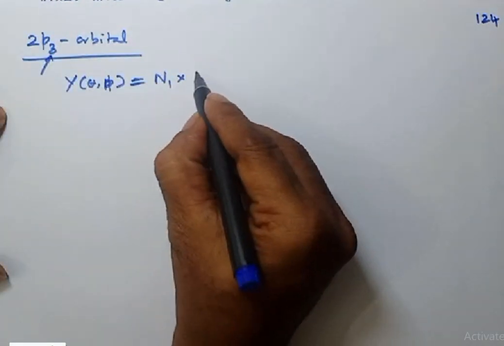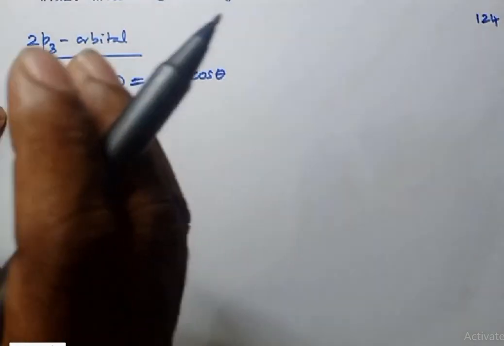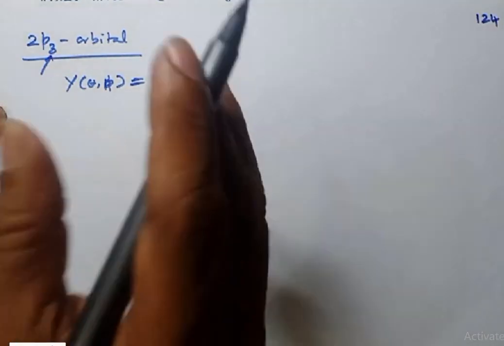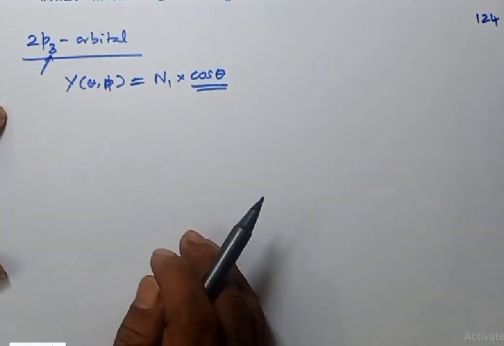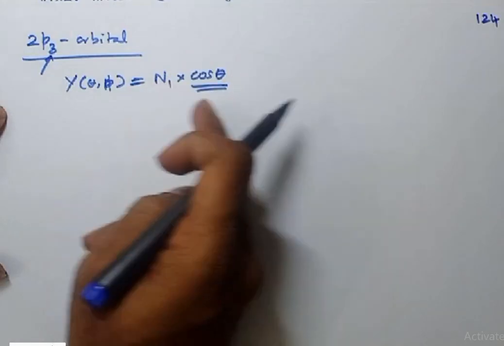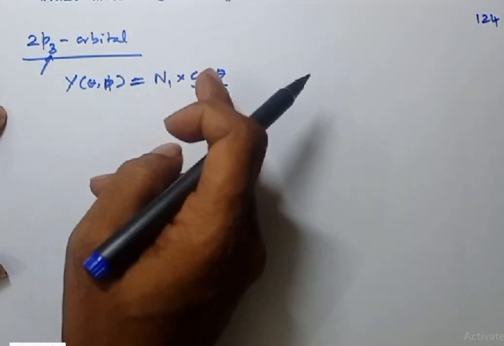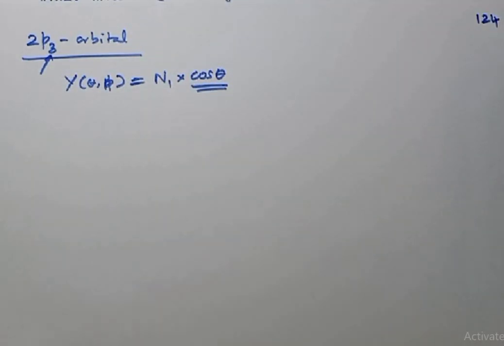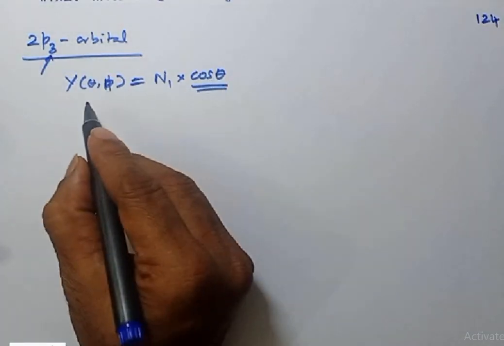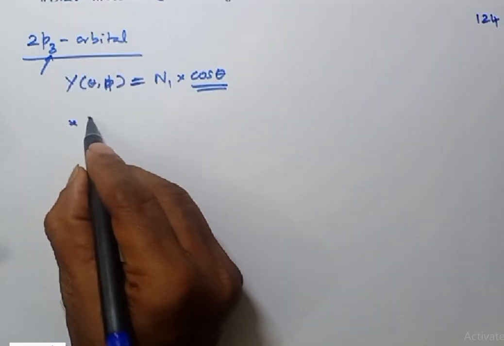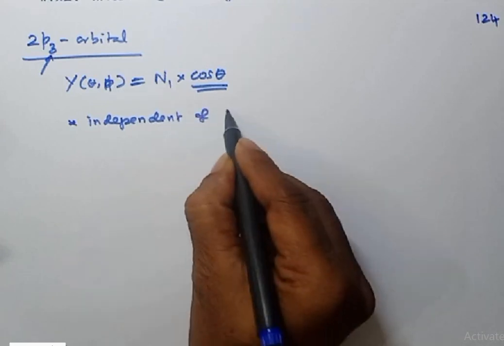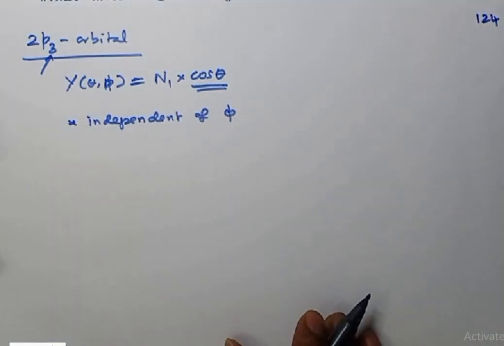Remove the r, just put cos theta. If the angular part contains only cos theta, then the function should be a z function. This is the one that represents the pz orbital. The 2pz orbital depends only on theta. It is independent of phi.